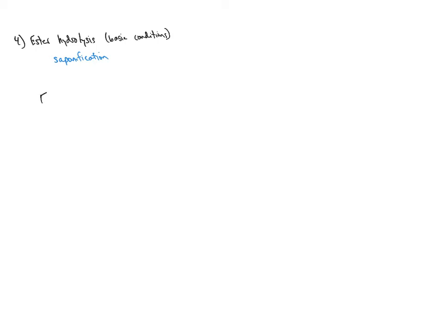So let's take our same ethyl ester and let's saponify it with sodium hydroxide and water. We're going to get the carboxylic acid and the alcohol, ethanol.